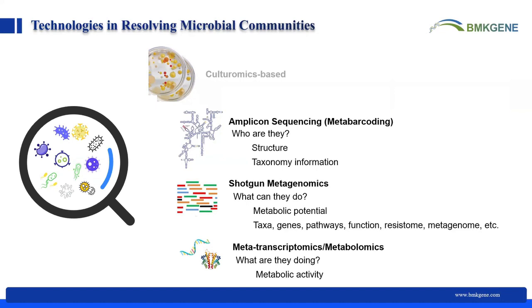And the third strategy, where we can join metatranscriptomics or metabolomics, answers the question of what are the microbes doing at that particular time point. So this means we can find the genes that are being expressed, but also the metabolites that are being produced at that time. In this webinar, I'll focus only on the first two. So let's dive into amplicon sequencing.